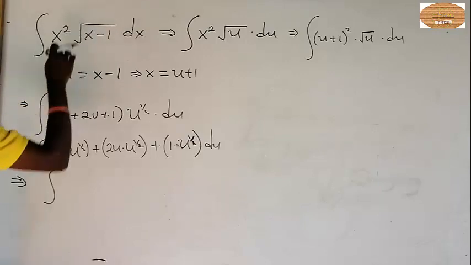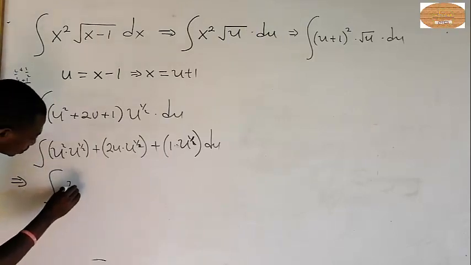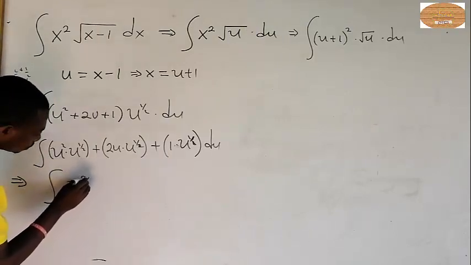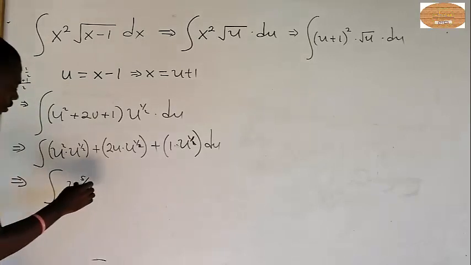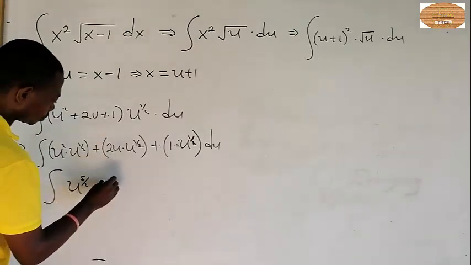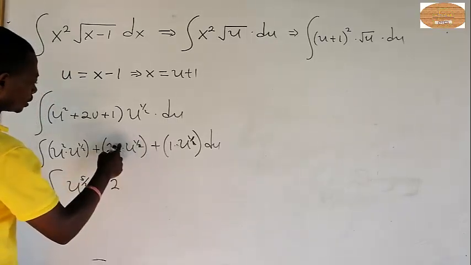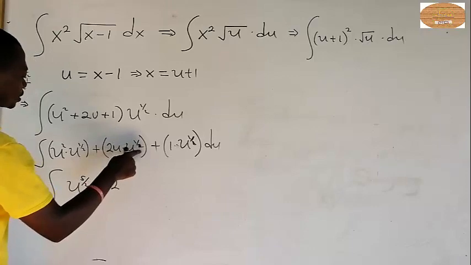So I'll add 2 and 1 over 2, which gives 5 over 2. Then 1 plus half is 3 over 2. The last term is u to the power half.